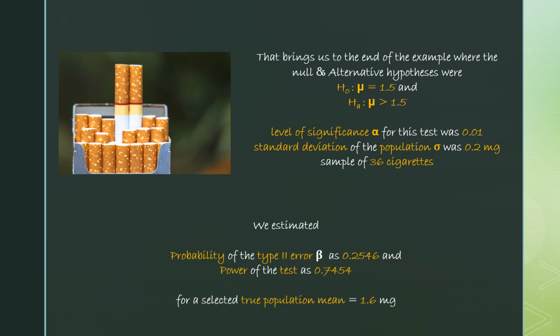We estimated probability of the type 2 error beta as 0.2546 and power of the test as 0.7454. The test would successfully reject H0 74.54% of times when H0 is false for the selected true population mean of 1.6 mg.